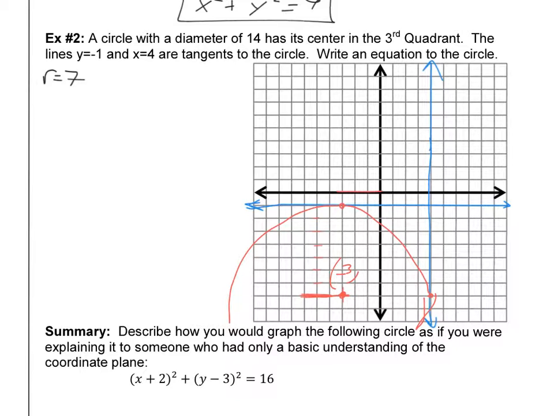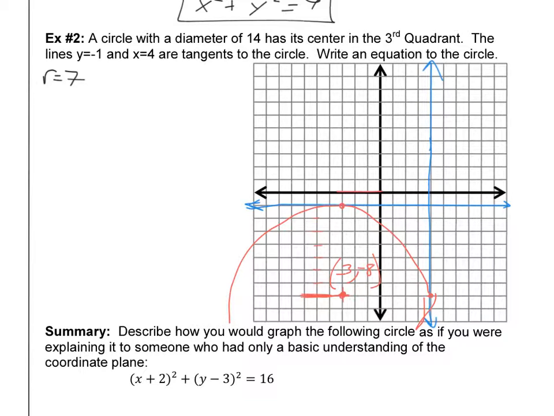And we go down 1 and then another 7, so that's down 8 total, so this is negative 8. You could count it if you want: 1, 2, 3, 4, 5, 6, 7, 8. So that center is at negative 3, negative 8.